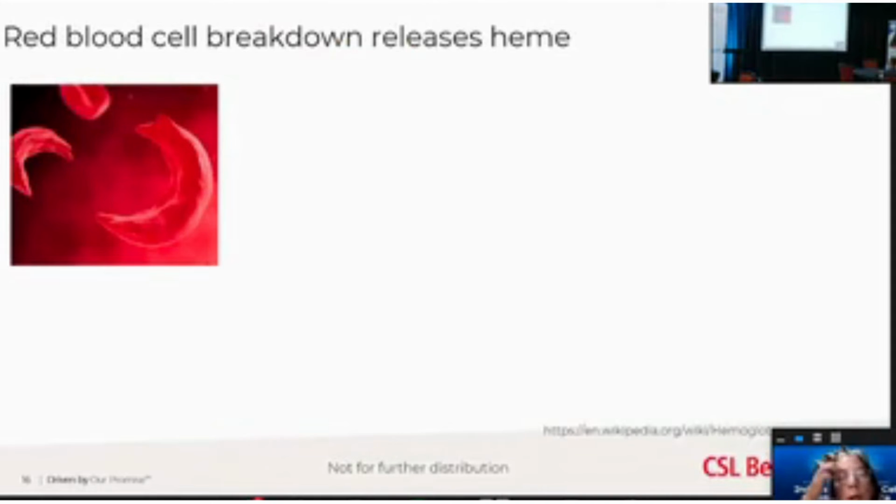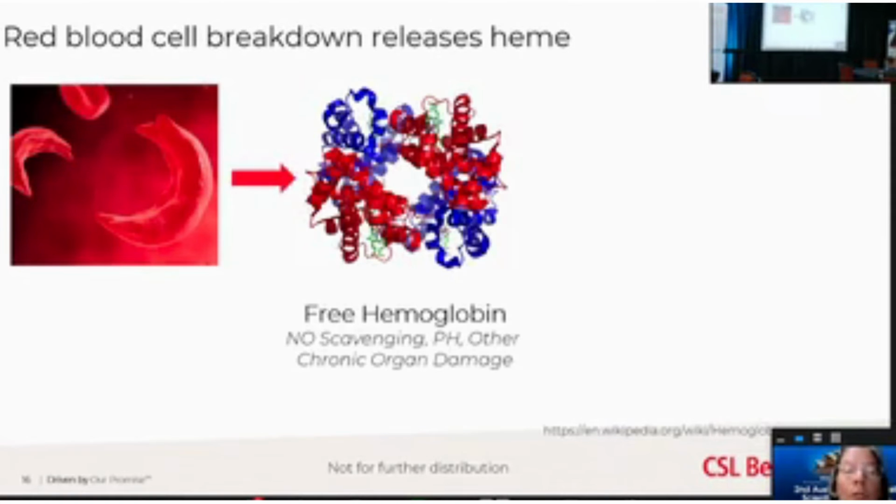Just to think about this in terms of pictures, if we start with a red blood cell that becomes sickled, this red blood cell is rigid, and that impedes blood circulation. But besides being rigid, this red blood cell becomes markedly more fragile, and it can even break apart right in the blood circulation. And when it does, it releases free hemoglobin.